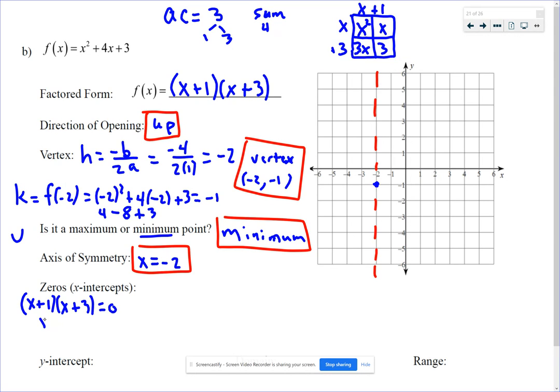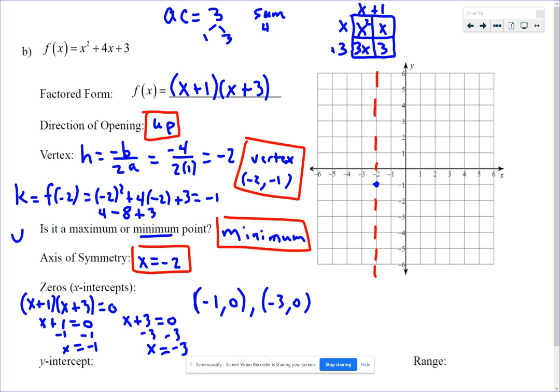So when x plus 1 equals 0, subtract a 1, we get x equals negative 1. The other factor is going to equal 0 when x is negative 3. So my zeros are going to be negative 1, 0, my x-intercepts, and negative 3, 0.